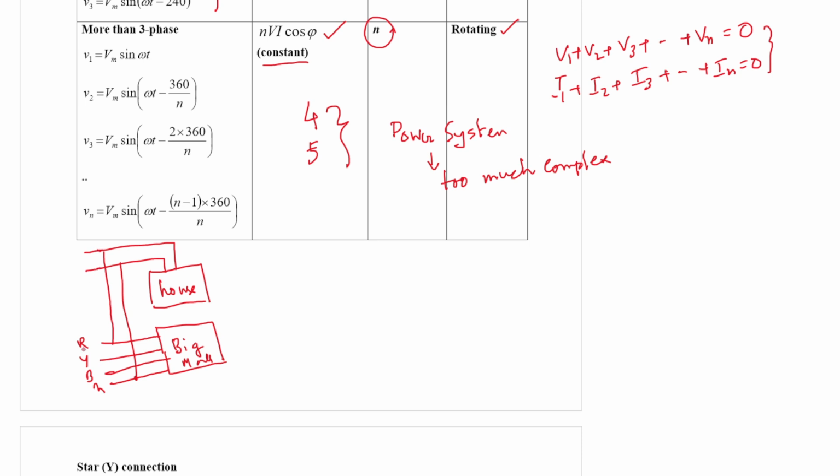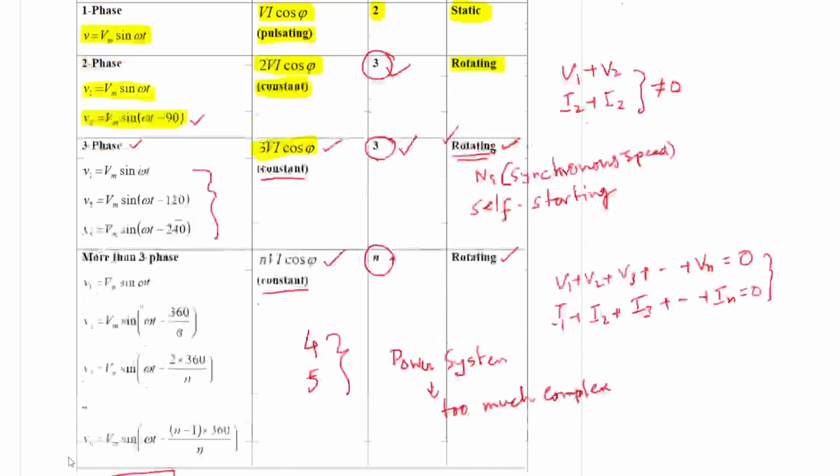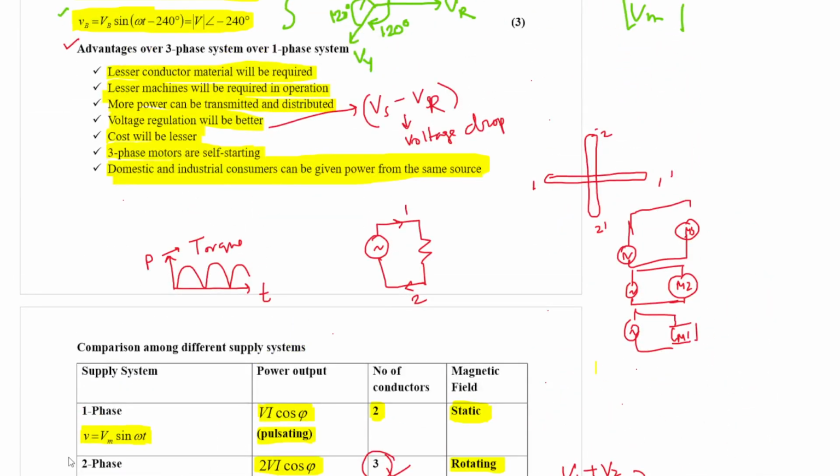So this house is a domestic supply and this is a commercial supply. They are given power from the same source. That is quite advantageous for the 3-phase system. That is why it is mentioned domestic consumers and industrial or commercial consumers can be given power from the same source.